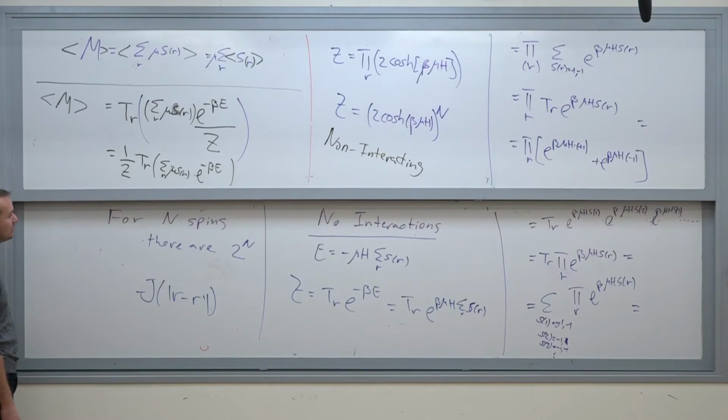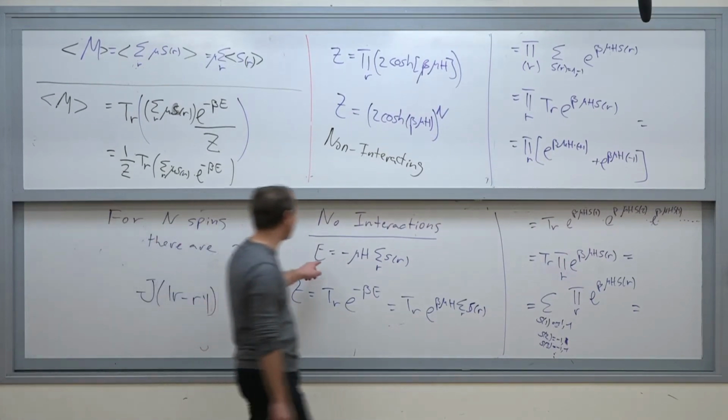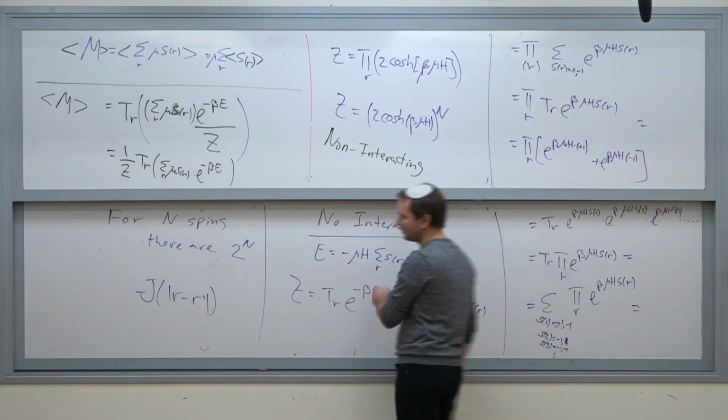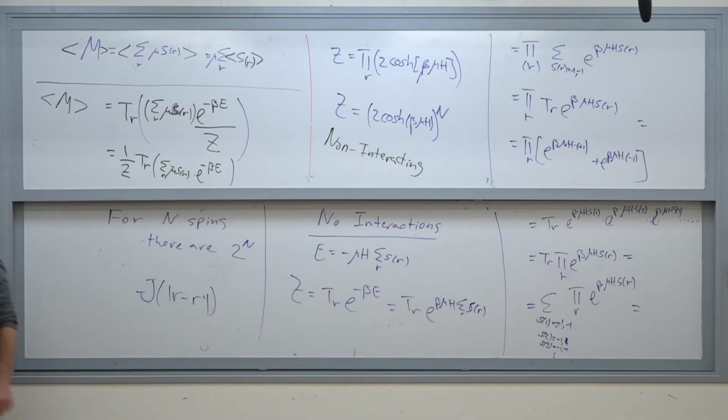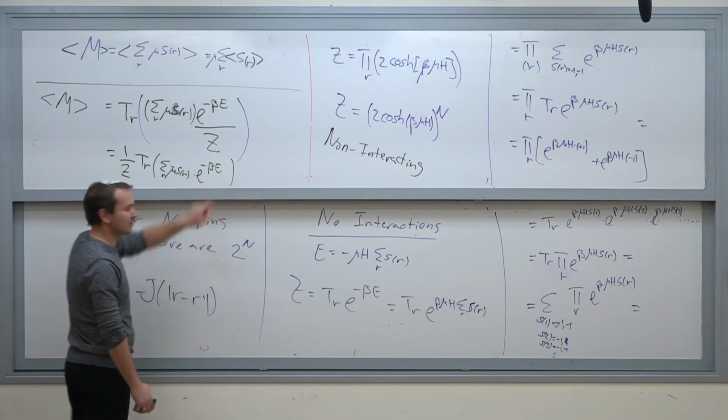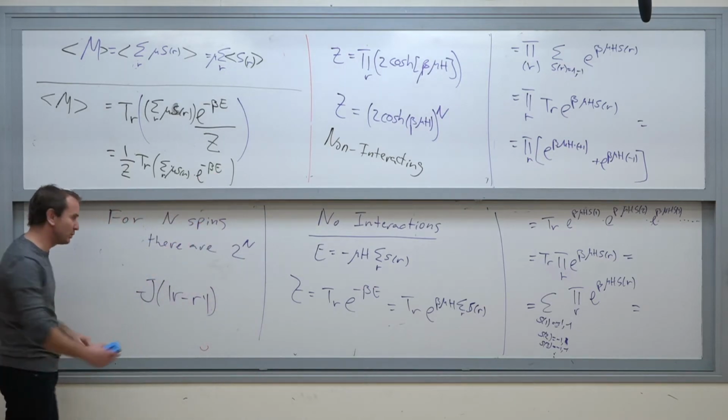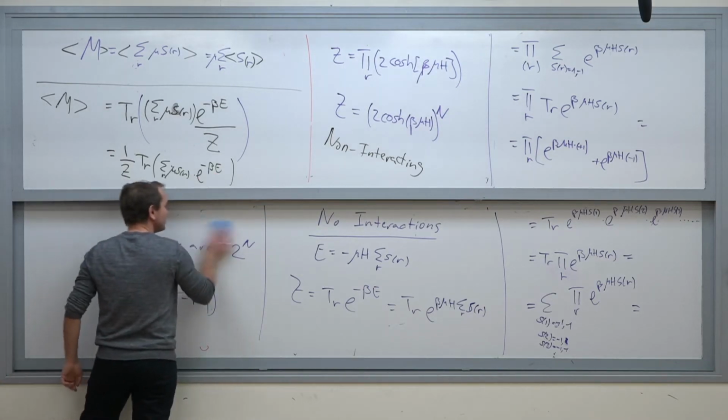We're using the no interaction condition. This is E. Okay? So let's introduce it over here, the same way as we introduced it before in order to calculate the partition function.